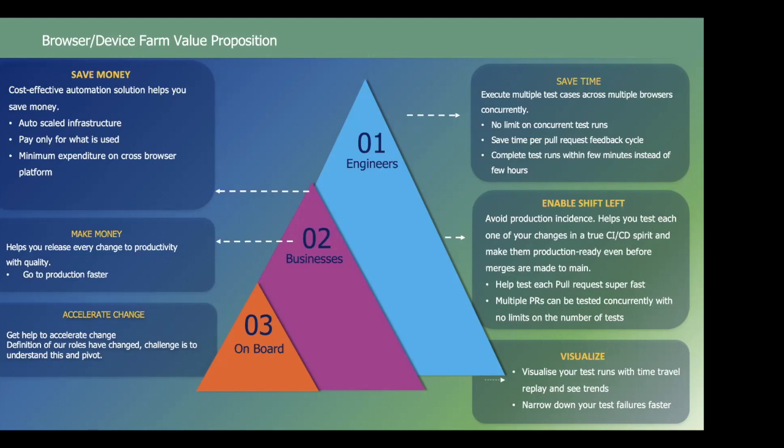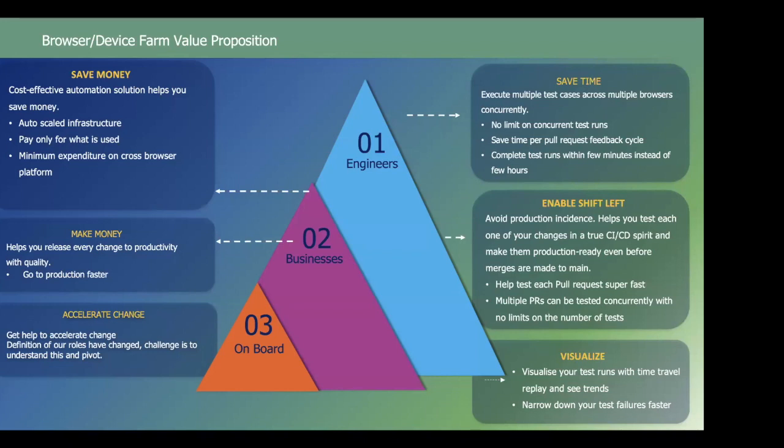And accelerate change is basically that things are changing, right? We have to look at what new technology we can use. We can't just stick with automation. We have to see how we can use the latest technology to improve the test automation infrastructure.